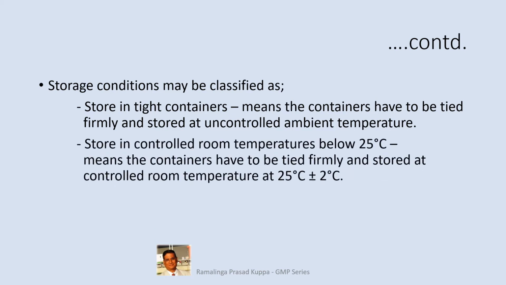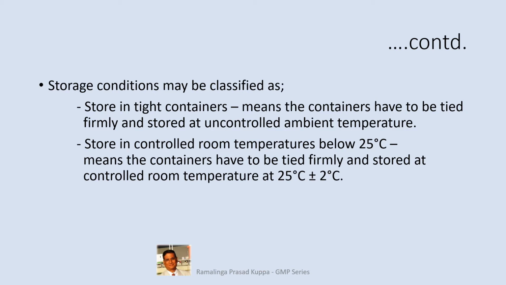Store in controlled room temperature below 25 degrees Celsius. That means the containers have to be tied firmly and stored at controlled room temperature of 25 degrees Celsius plus or minus 2 degrees Celsius. So this kind of materials should be stored at 25 degrees Celsius.